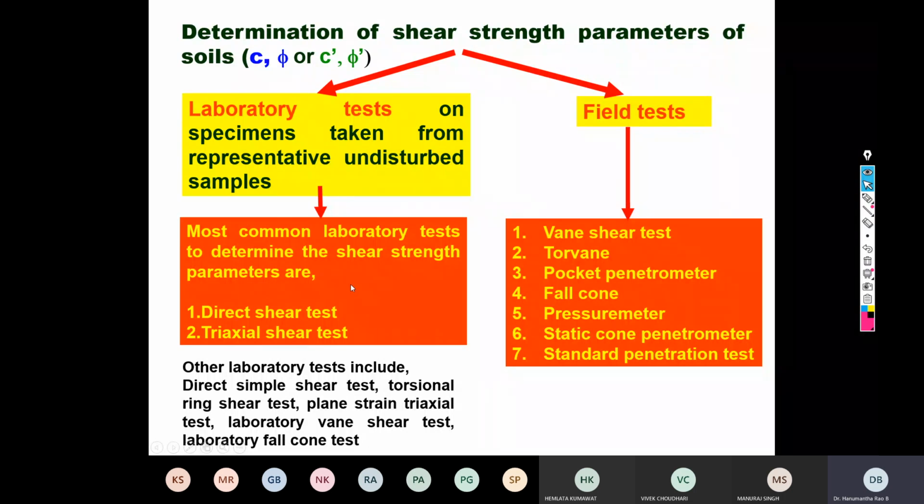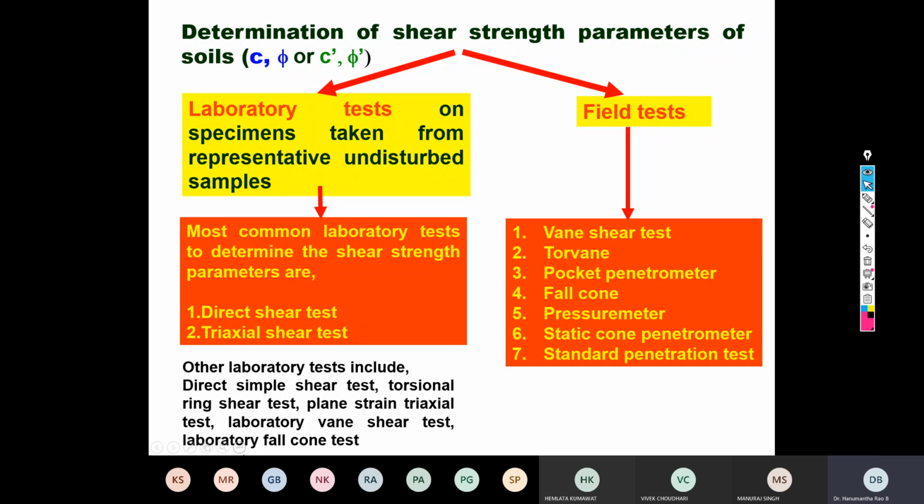On the laboratory side, we have seen direct shear testing and triaxial testing, but apart from these two there are other tests for determining the shear strength of soils: the ring shear test, torsional ring shear test, plane strain triaxial testing, laboratory vane shear test and laboratory cone fall test.